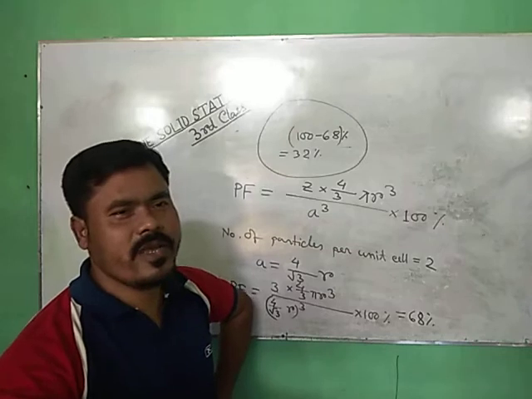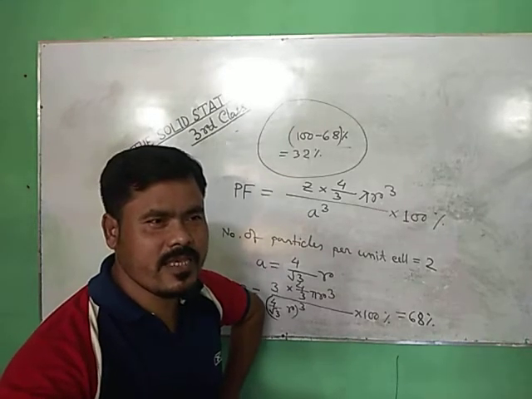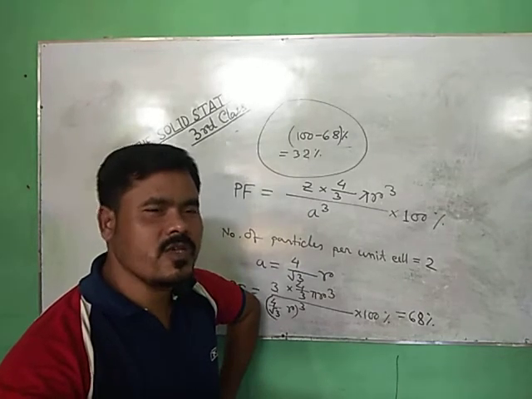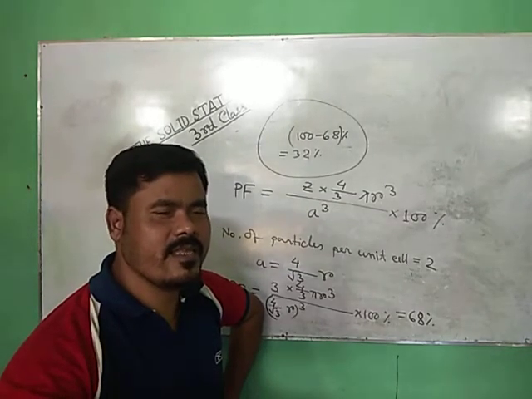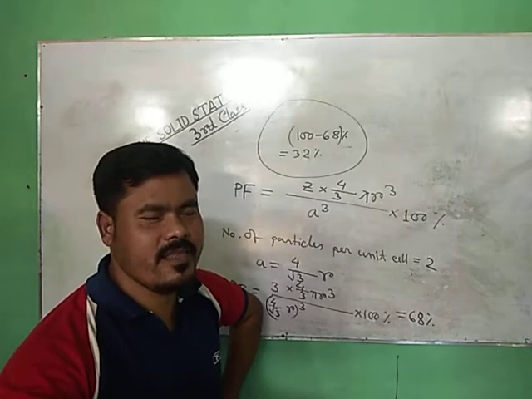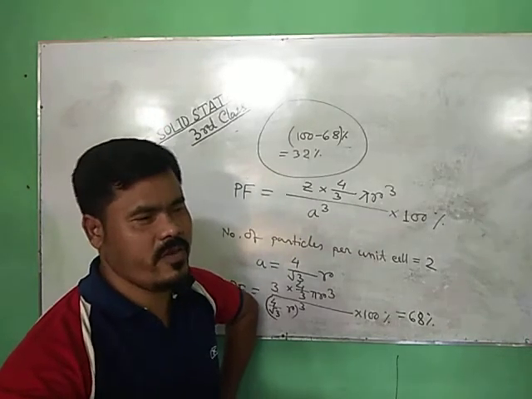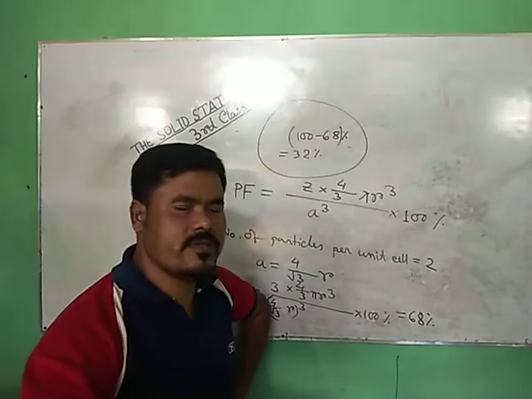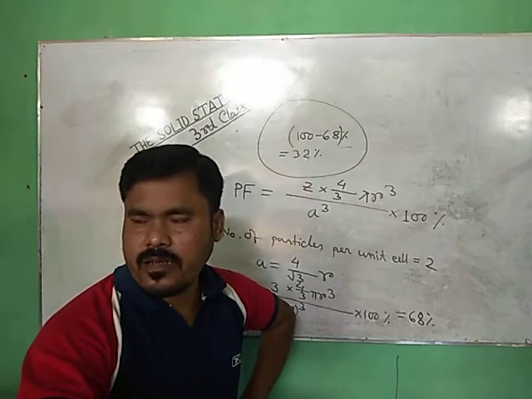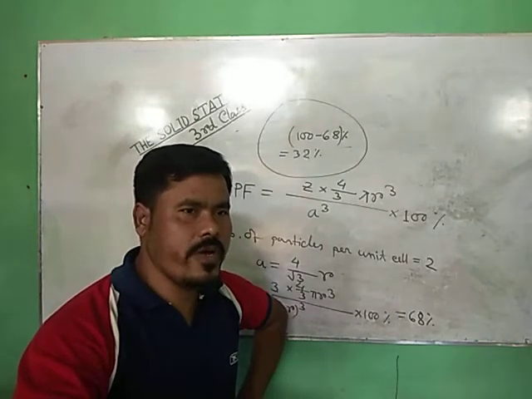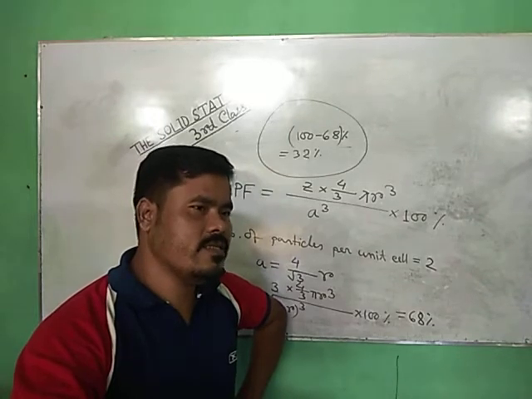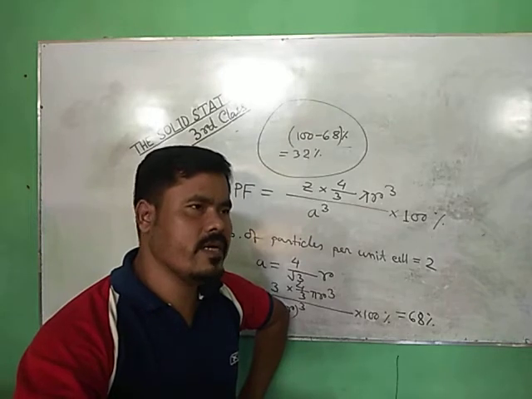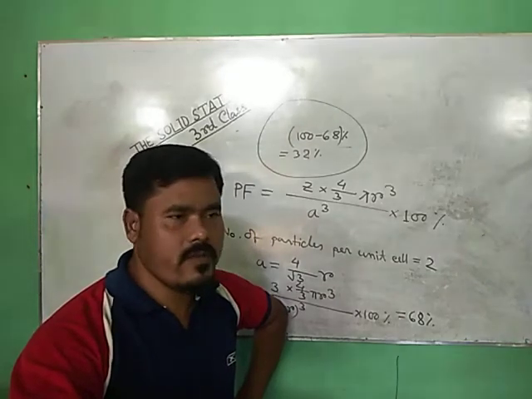Since the number of particles per unit cell is fewest in simple and highest in FCC, packing efficiency is best in FCC and lowest in simple cubic. So in this way we can identify the vacant space, the void, and how much is occupied by the particles of the crystalline solid. Now we are able to calculate.